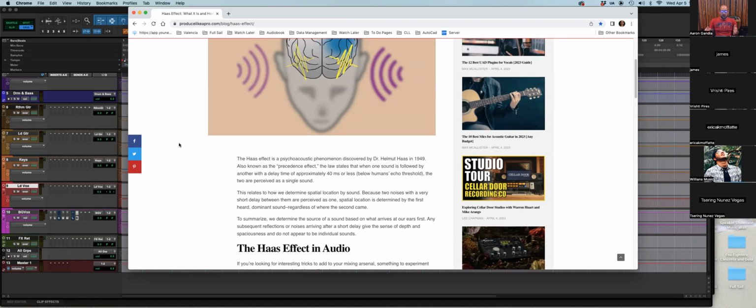So we can help determine distance that way.